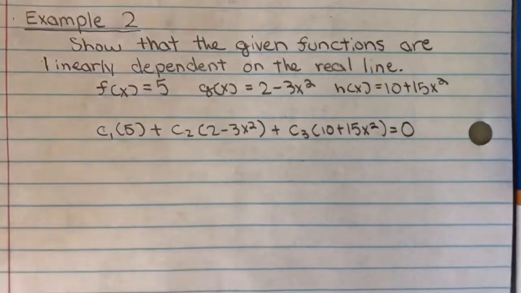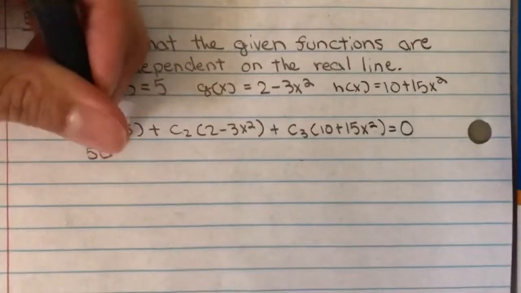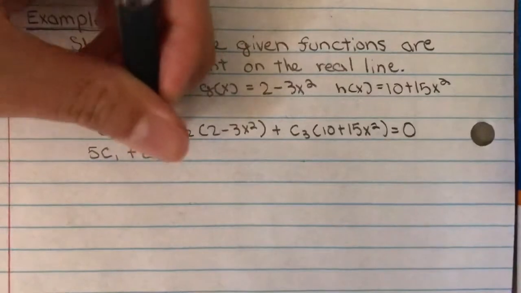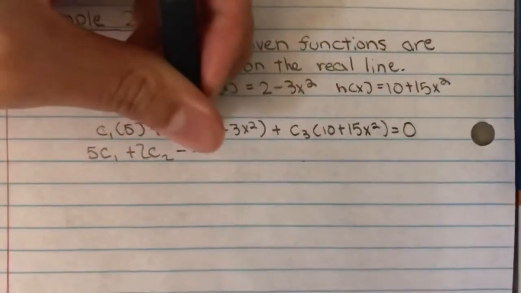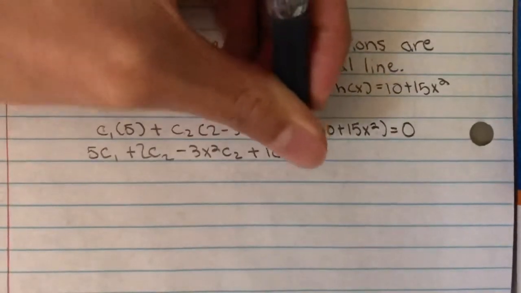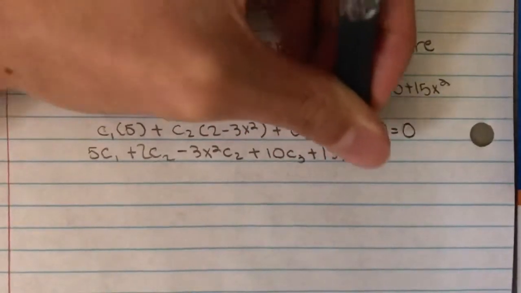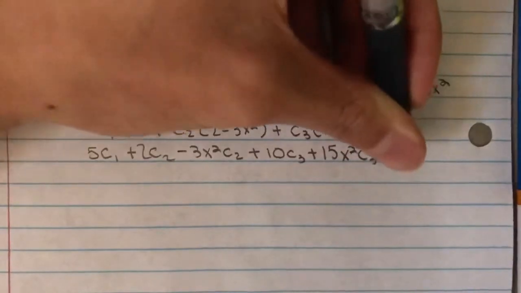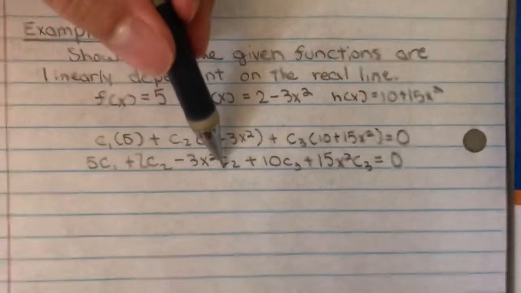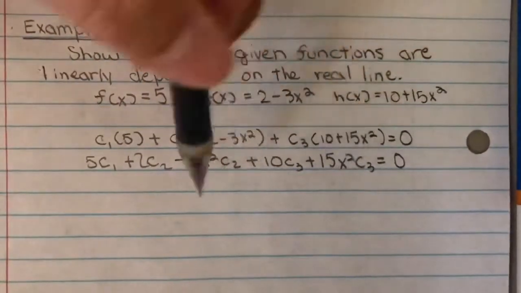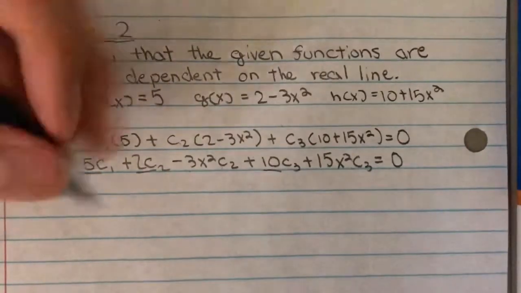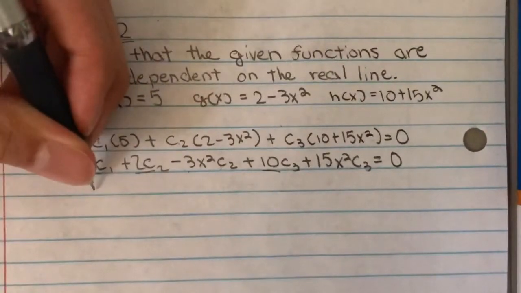Alright, so first we're going to distribute: 2c2 minus 3x squared c2 plus 10c3 plus 15x squared c3 equal to 0. Now as you can see, we have the x squared terms here, and then just the constant terms here, and we're going to group them up and factor them out.